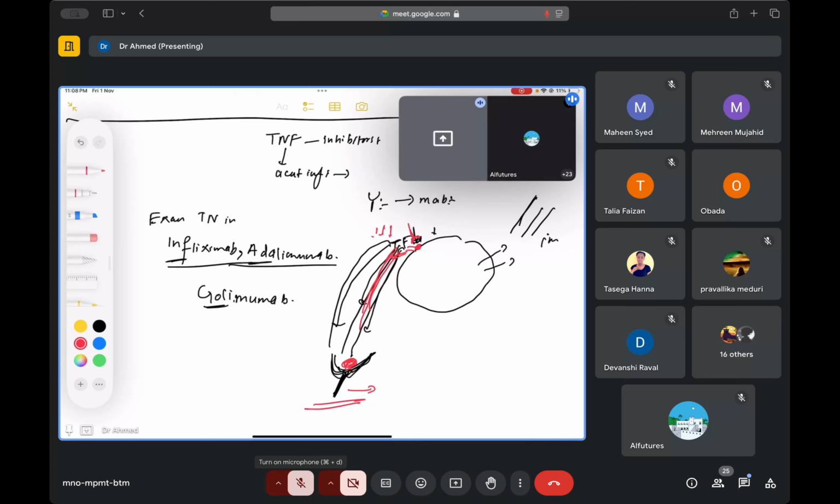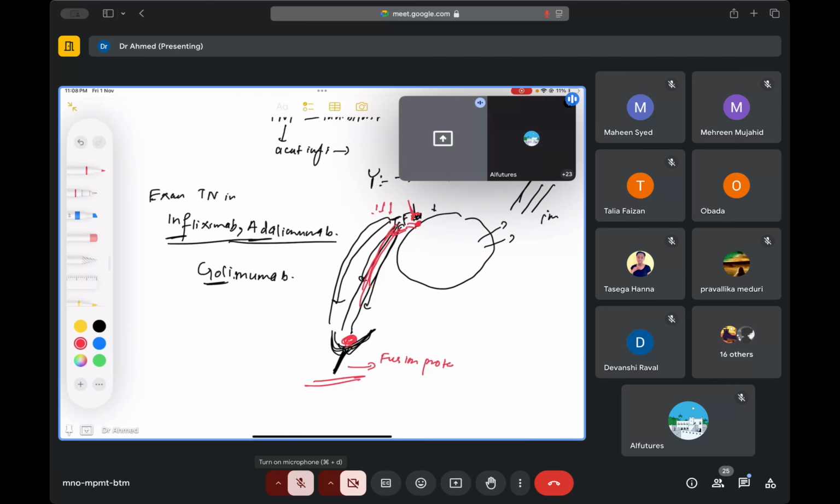So what's the name of this? Basically it isn't a receptor, it's a fusion protein, the same as these receptors. What's the name for that? Etanercept. You have seen MCQs related to etanercept.